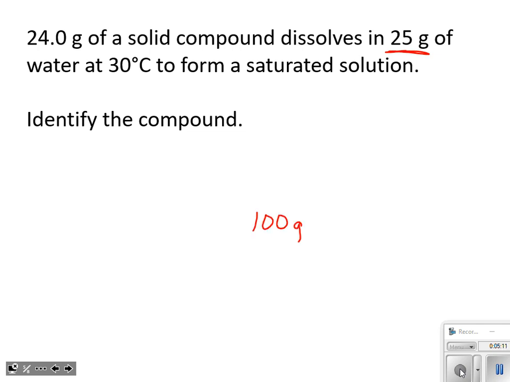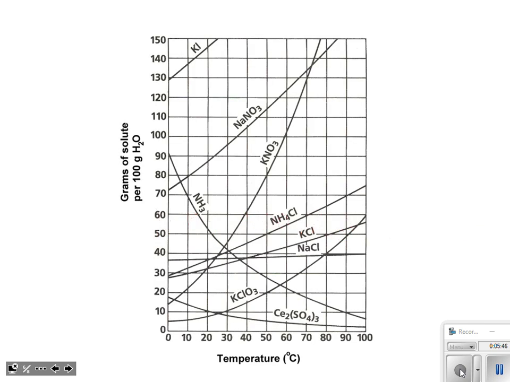So to get 100 grams of water, I multiplied by 4. So I'm going to have to multiply that 24 also by 4. So 24 times 4 is going to give me 96.0 grams. And what was my temperature? 30 degrees Celsius, correct? So once again, I'm going to have to go to my chart and find what is 96 grams per 100 grams of water at 30 degrees Celsius.